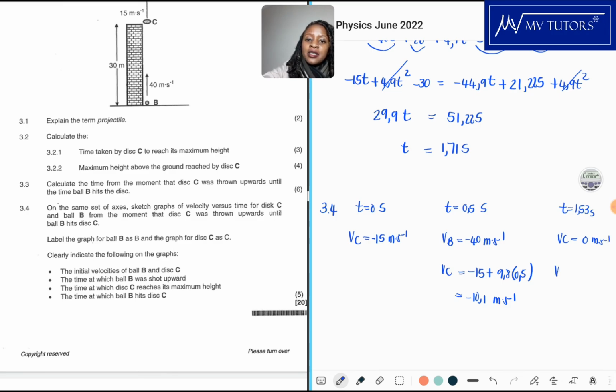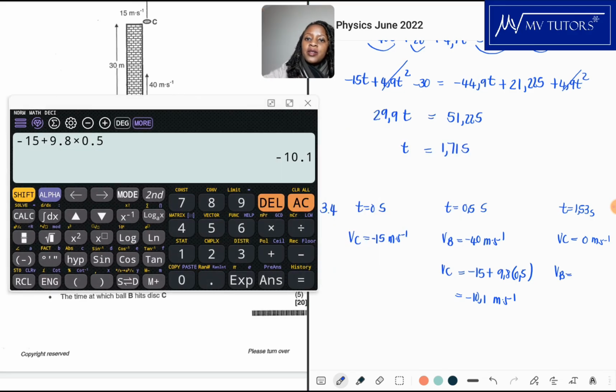Out of curiosity, what is the velocity for ball B? Using the same equation, the initial velocity was negative 40, and the time is 1.53 seconds. So at that point, B is negative 25 meters per second.